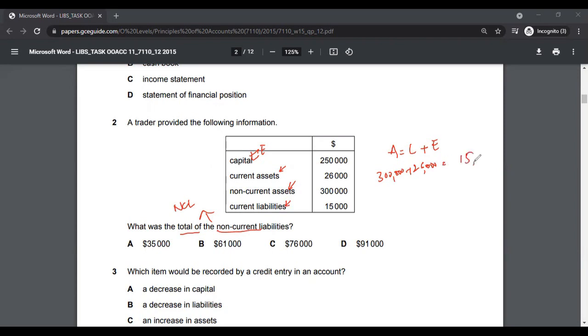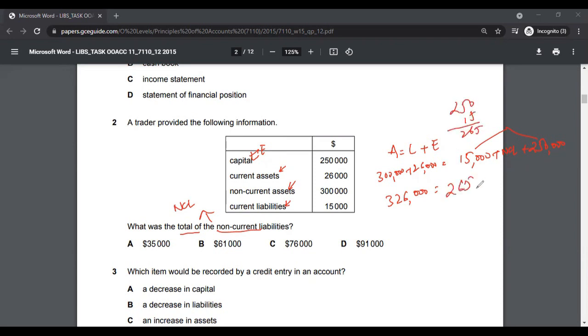And then you have current liabilities, whereas you want to calculate the NCL plus the capital of $250,000. So if you sum the total of assets on this side, the asset side, that comes to 326,000, right? 326,000 is the total of assets, and the total sum of liabilities plus equity at this moment is 250 plus 15 is 265, right?